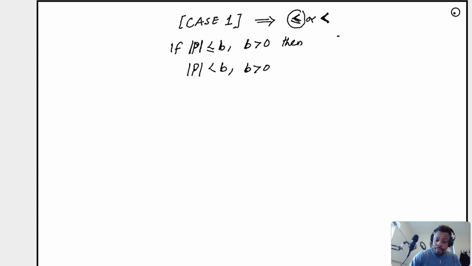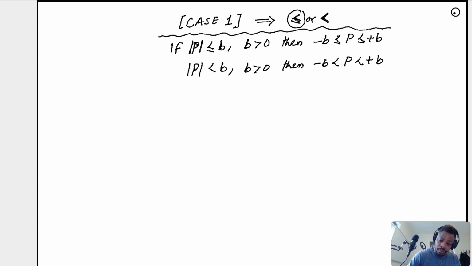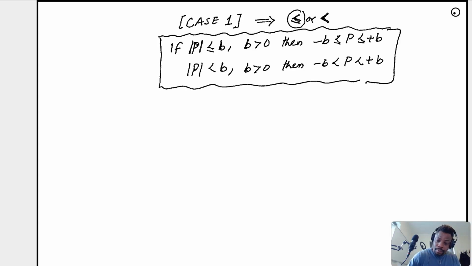Then we'll have minus B less or equals to P less or equals to plus B. And this one also, then minus B will be less than P and less than plus B. So this is rule case 1.